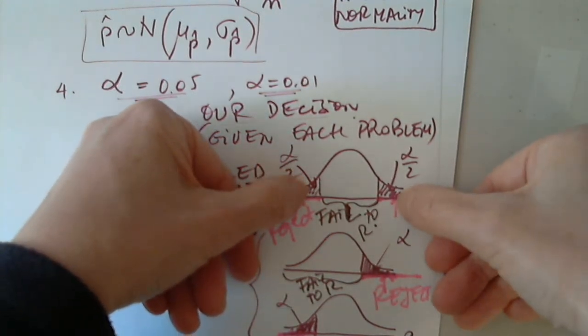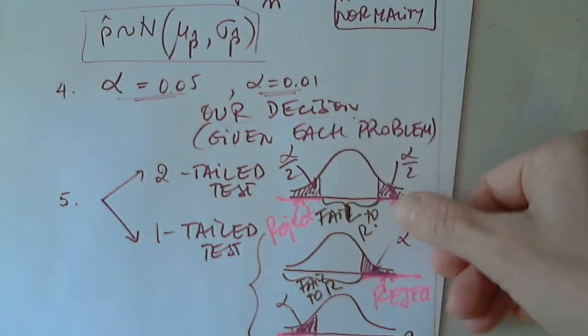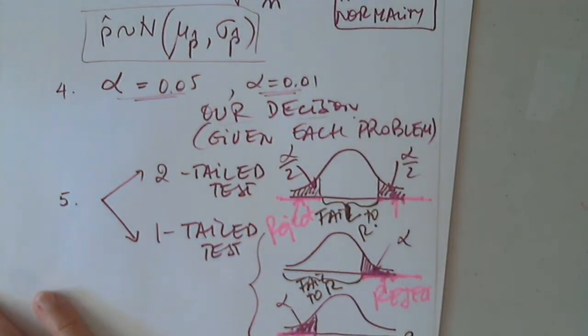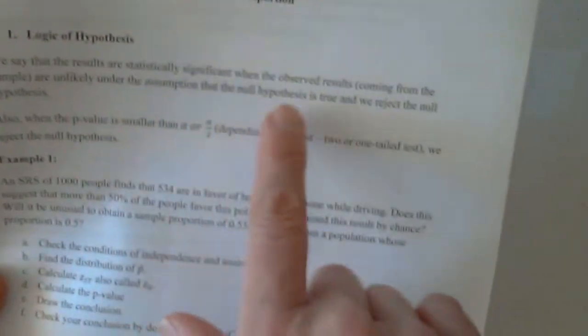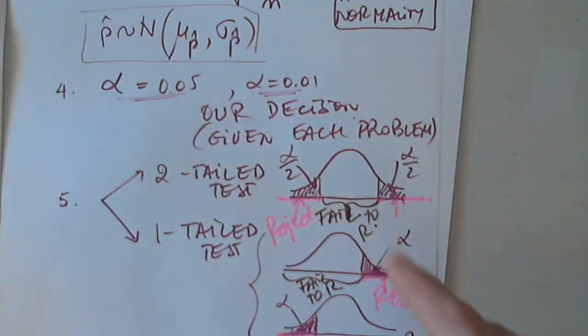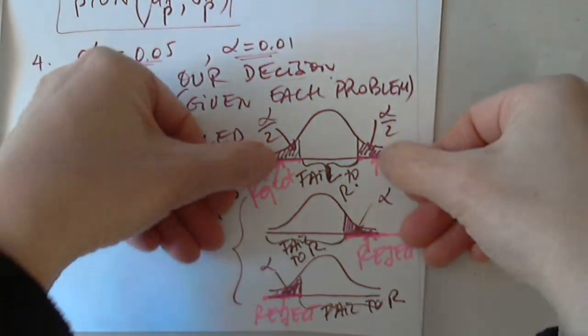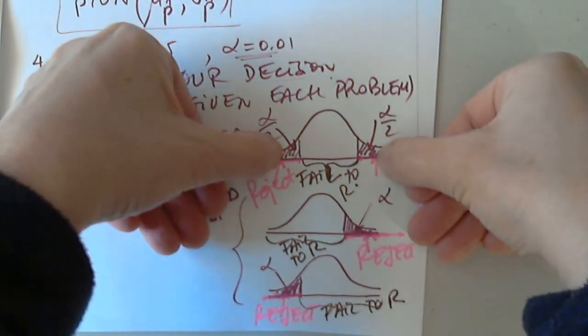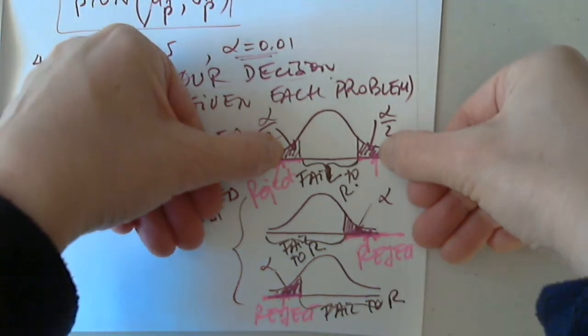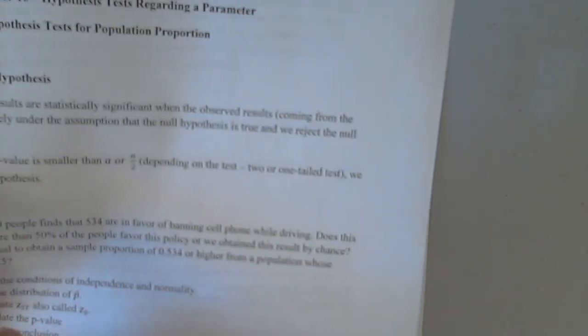It fell in the tails. So I have to reject. It's significant. We say statistically significant. That's the wording. So the data coming from the sample is giving us information that is statistically significant. It's in the tails, it's unlikely, so we have to reject the null hypothesis.